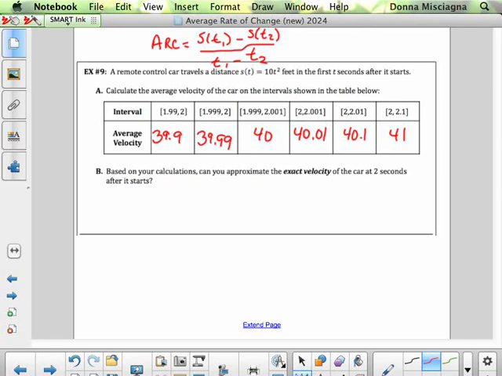So based on our calculations, can you approximate the exact velocity of the car at 2 seconds after it starts? The velocity at t equals 2 seconds is approximately 40 feet per second.